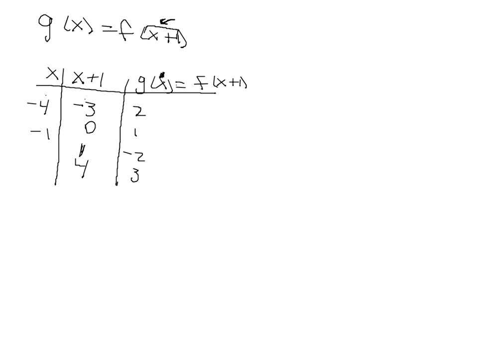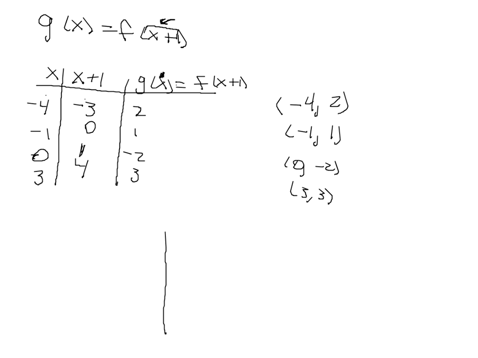So if x is -1, -1 plus 1 is 0, and so f of 0 is 1. And so for each one of these x values, I subtract 1. And so my result is (-4, 2), (-1, 1), (0, -2), and (3, 3).